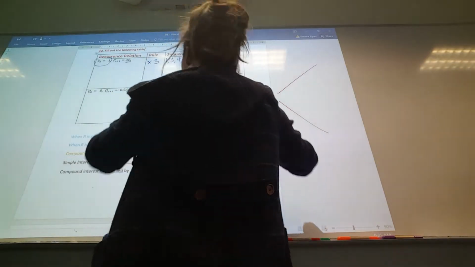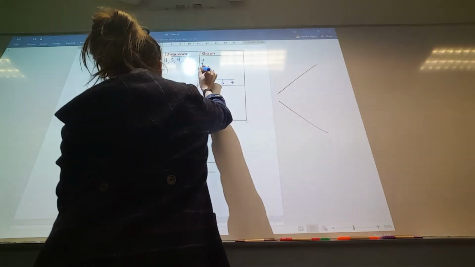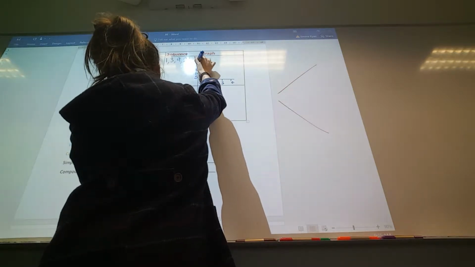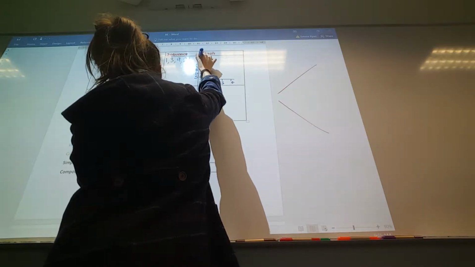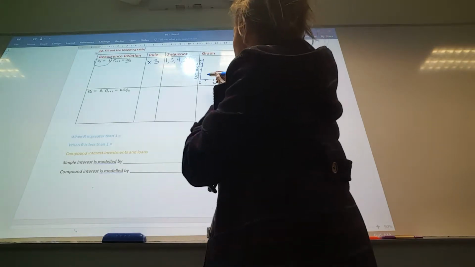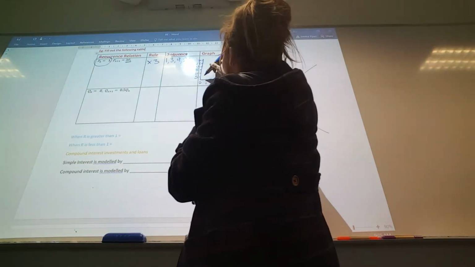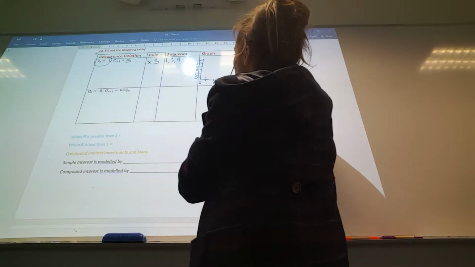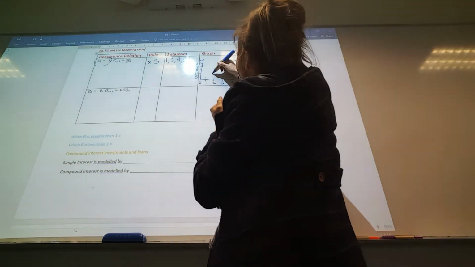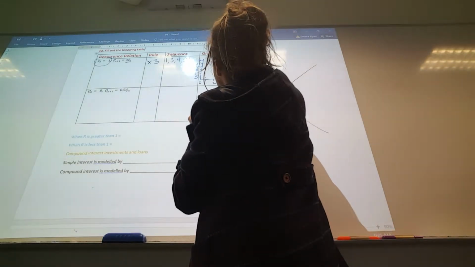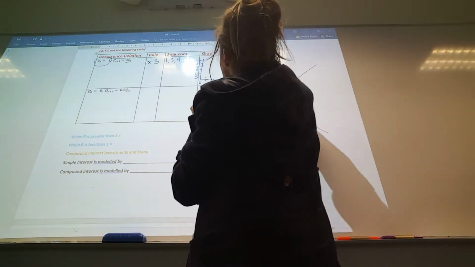Alright, let's go up by scale. So remember this is a scale, not what I've got here, so let's just say I'm going to go up by 5s. For 0 we're starting at 1. For term 1 we're going up to 3. For 2 we're going up to 9. 3 we're going up to 27.